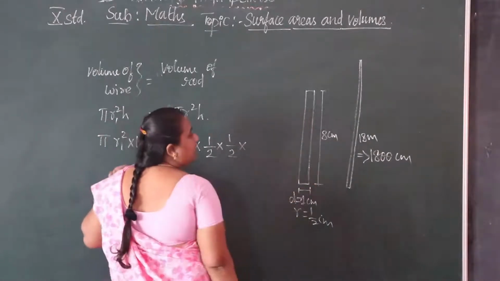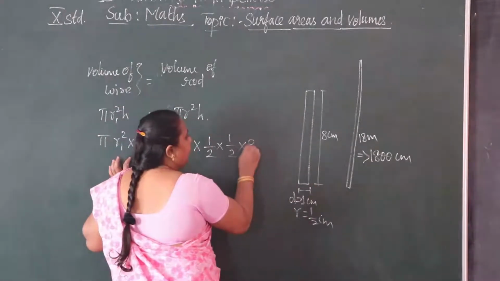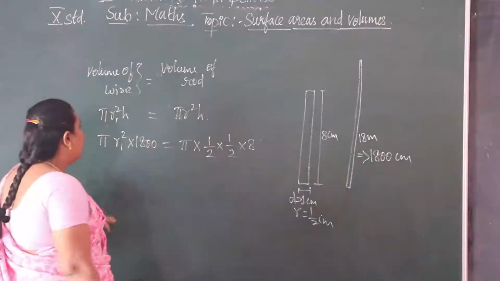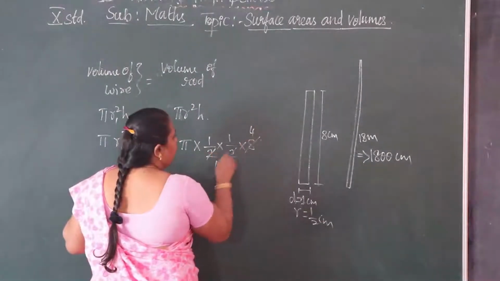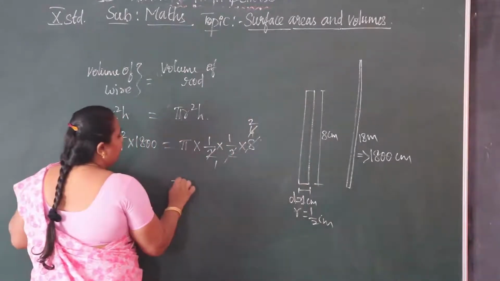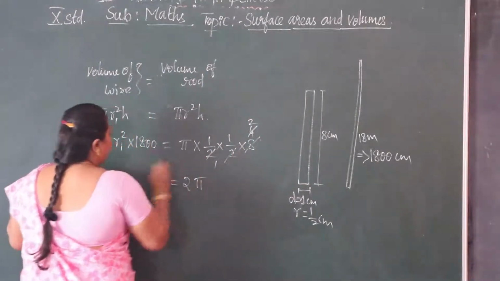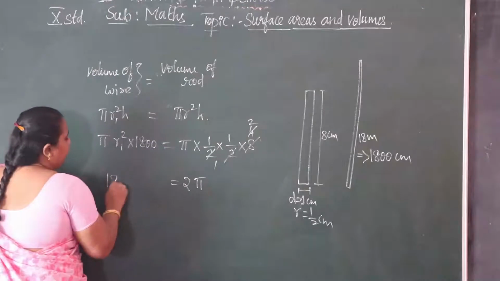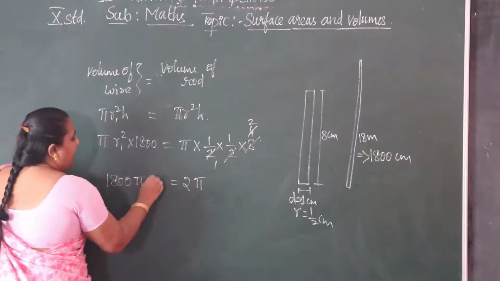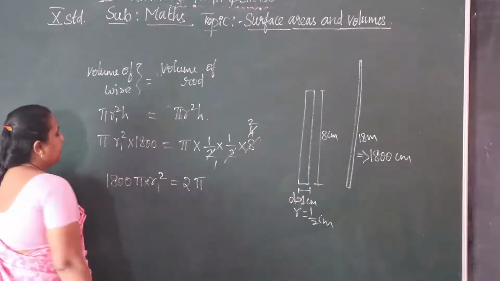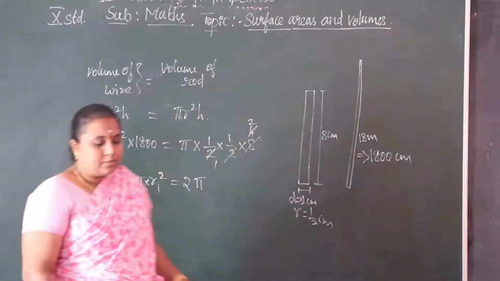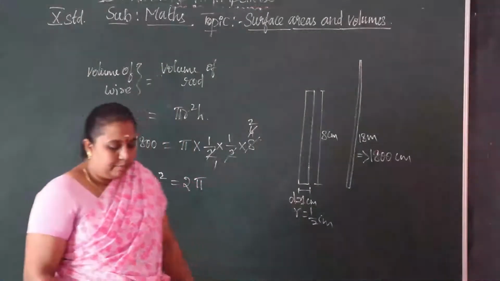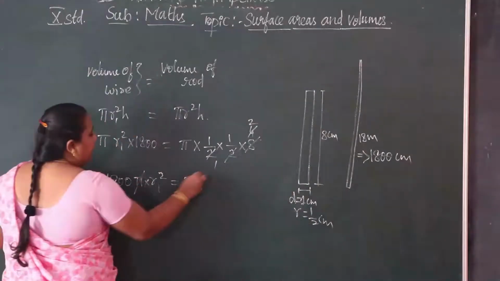What is the height of the cylindrical rod? That is 8. So 2 ones are 2, 2 fours are 8, 2 ones are 2, 2 twos are 4. So now you have 2 pi. Now, 1800 pi r1 square. We have to cancel pi on both sides. So pi gets cancelled.